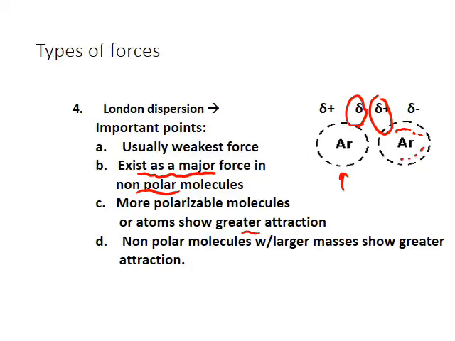So the second argon would have negative charge at the farther end because these electrons are repelled from the incoming argon. And that's how negative charge concentration would be on the right hand side of the second argon atom.